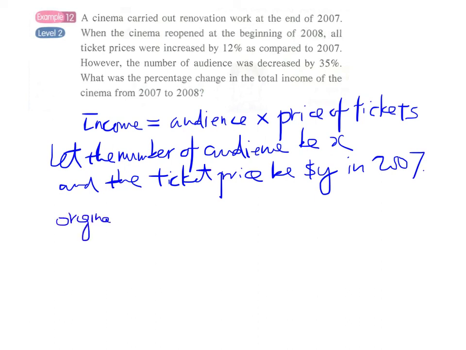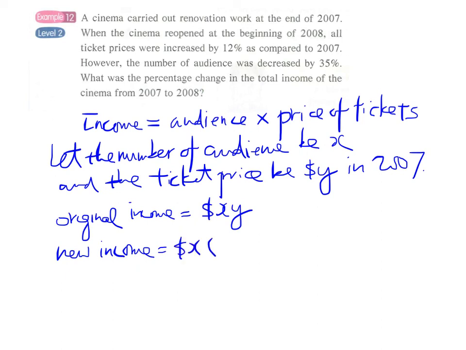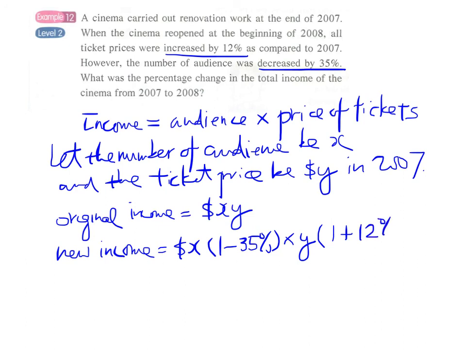Therefore, the original income will be x times y, and the new income in 2008 will be x times 1 minus 35%, since the audience dropped by 35%, multiplied by y, followed by the factor 1 plus 12%, since the ticket price increased by 12%.